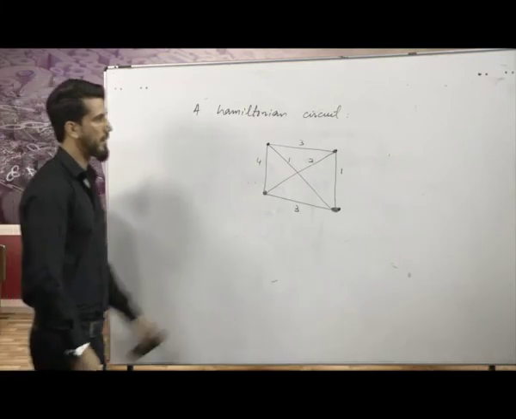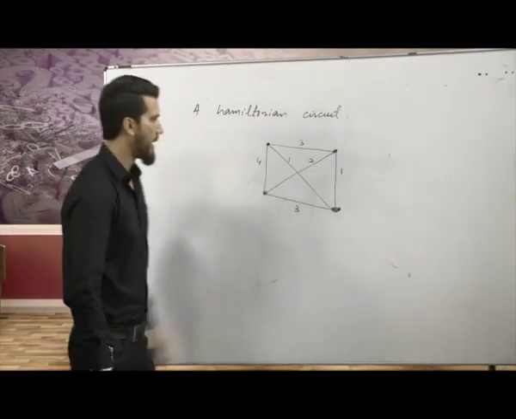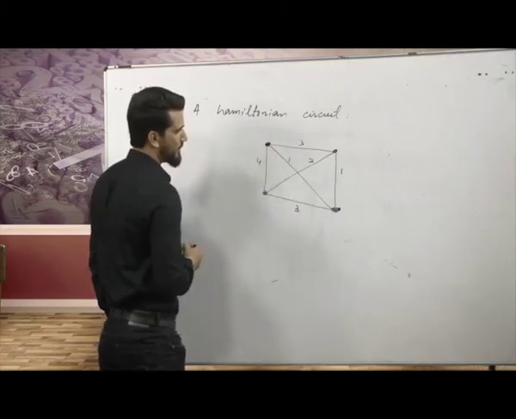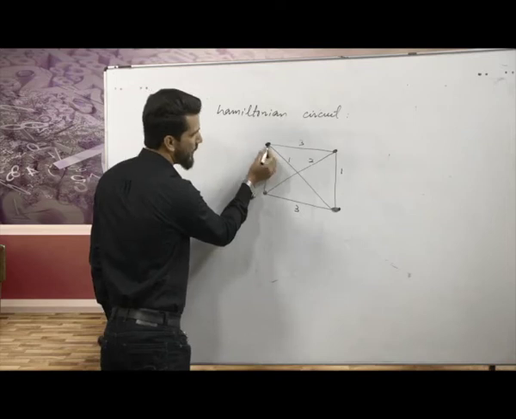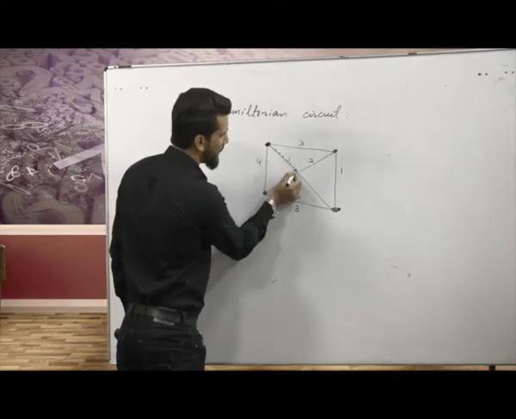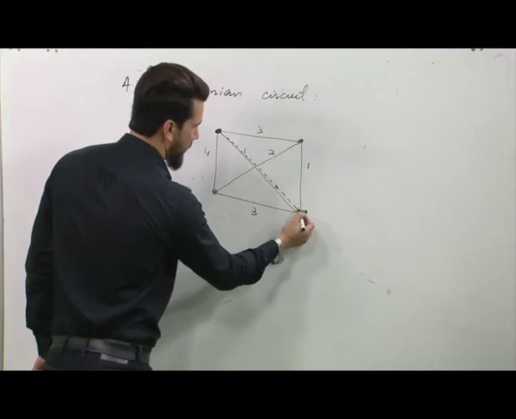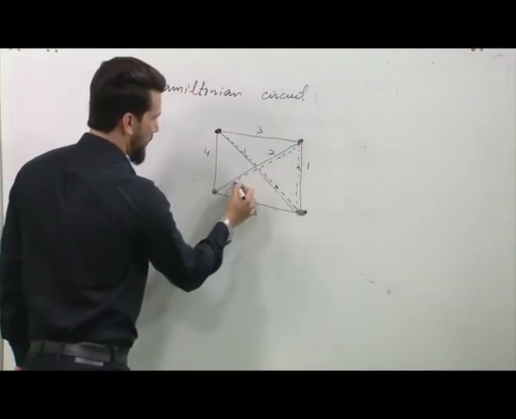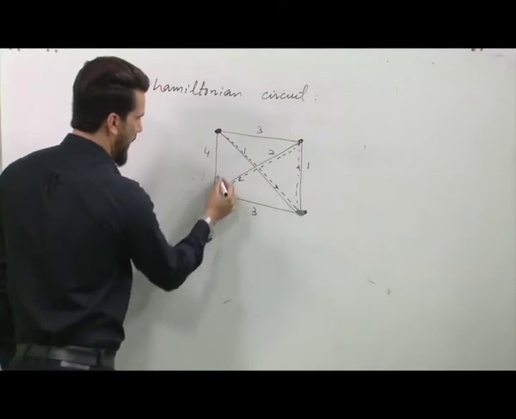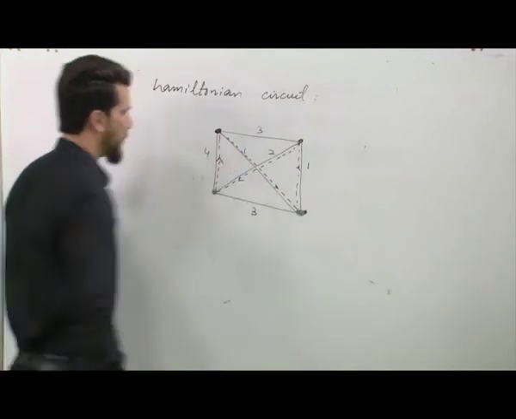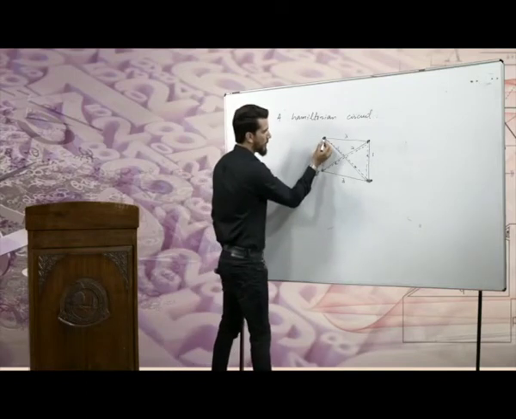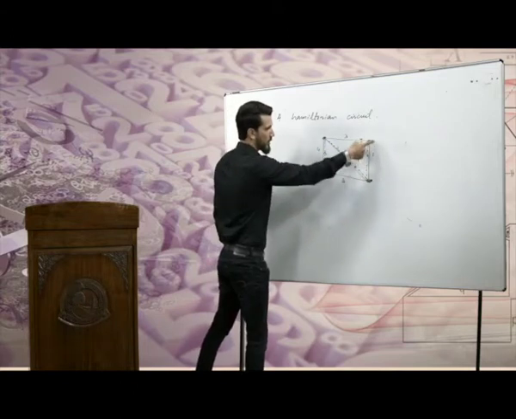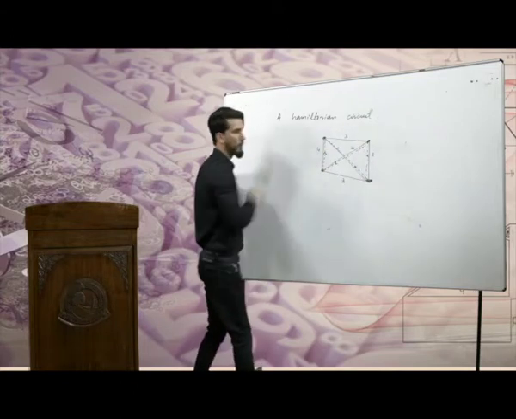So this is the weighted undirected graph, and a Hamiltonian circuit would be, if we start with this node here, if we go from that node to this node, and then from this node to this node, and back to this node, and then we'll go back to the starting node. So our Hamiltonian circuit goes like this, here, and then back here, and then to the starting point.